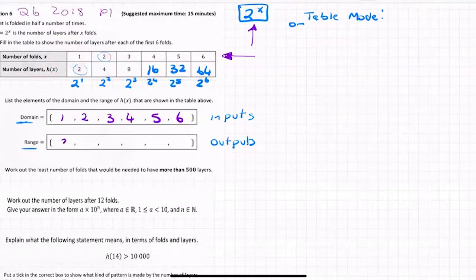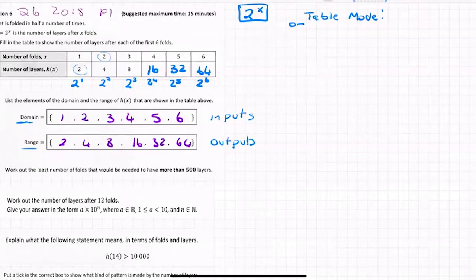So 2, 4, 8, 16, 32, 64. So there are your domain and your range, and you have to know what they are. So your inputs and your outputs. Let me just clean up a small bit.